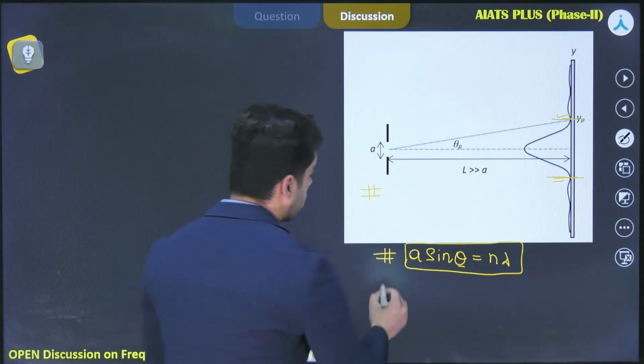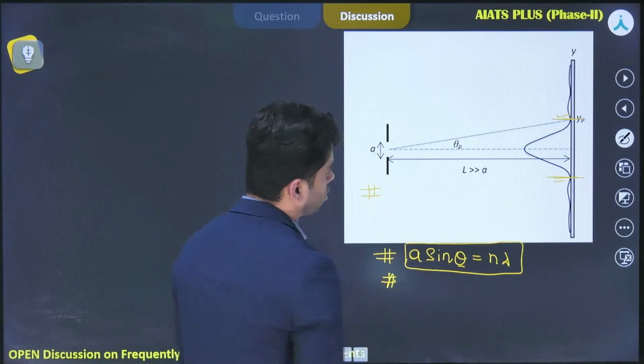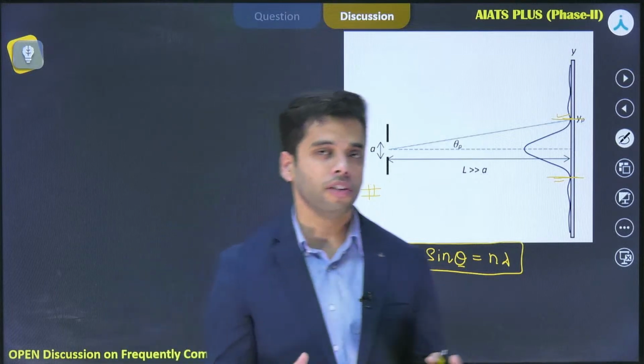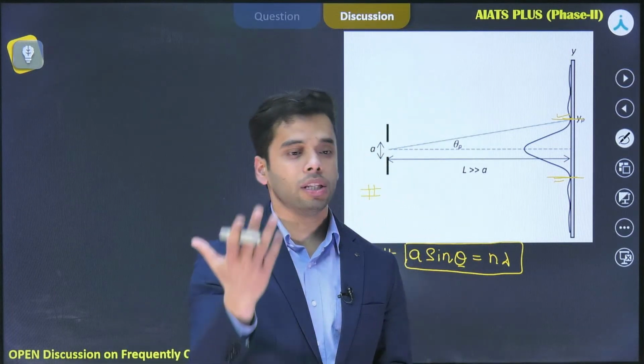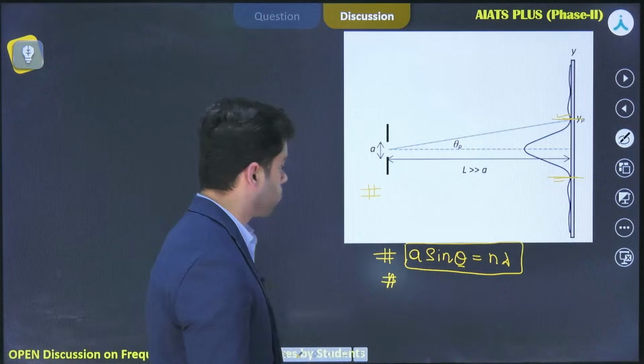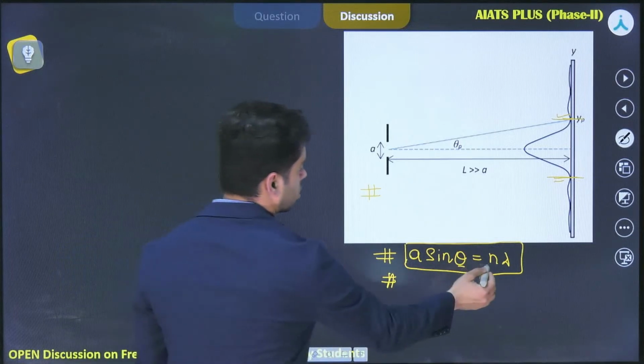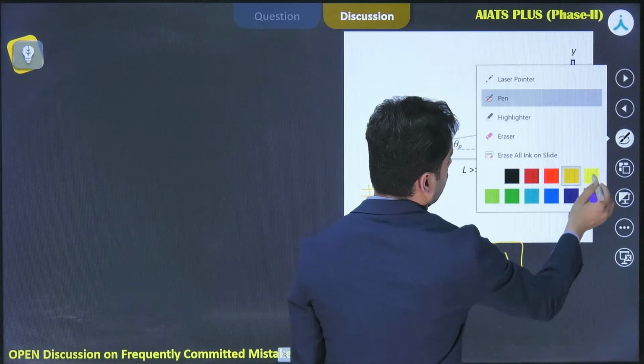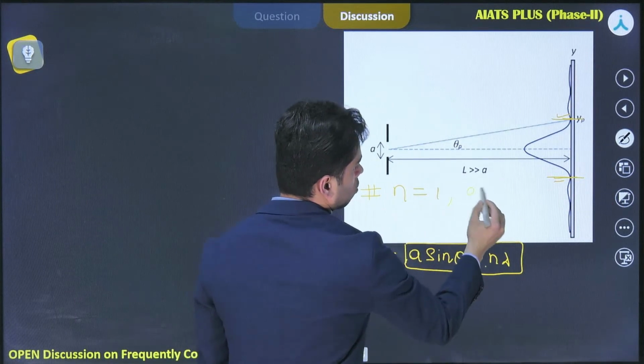So a sine theta equal to n lambda is the basic condition for the minima in diffraction, right? Now I need to calculate the distance of the first minima formed on either side of the screen. So for the first minima, I will write n equal to 1.